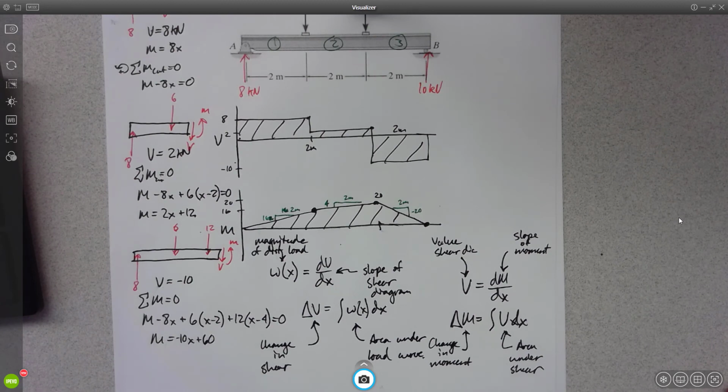Okay. So how do we apply this carefully? We apply it very, very carefully. Let's try some examples.